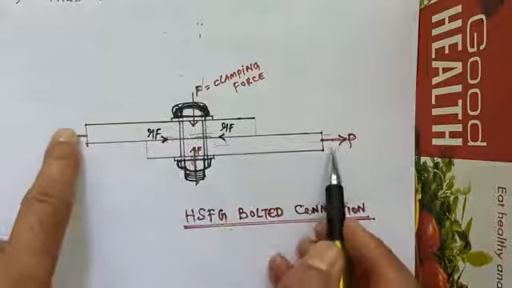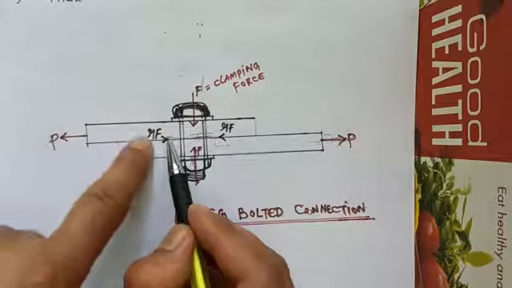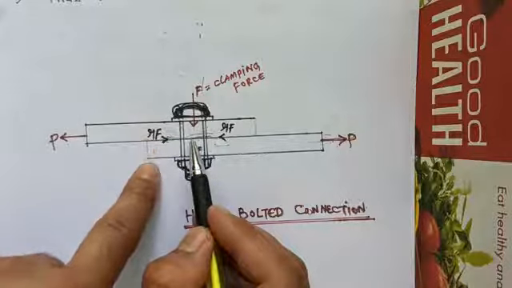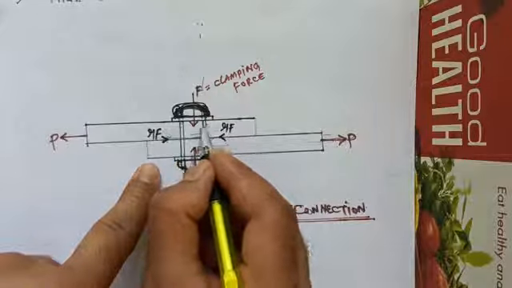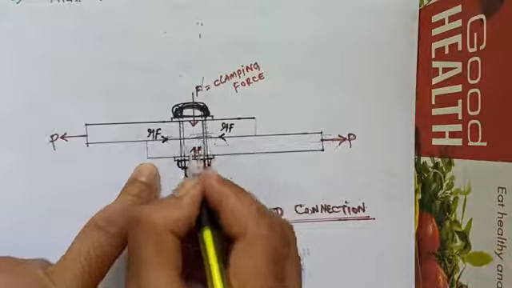But when the external force exceeds the frictional resistance, that is mu times F, the plates slip until the bolts come in contact with the plate and they start bearing against the sides of the hole.